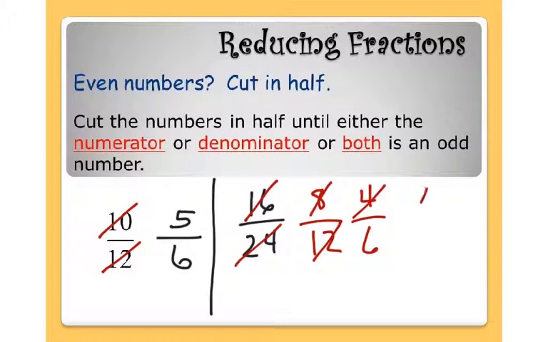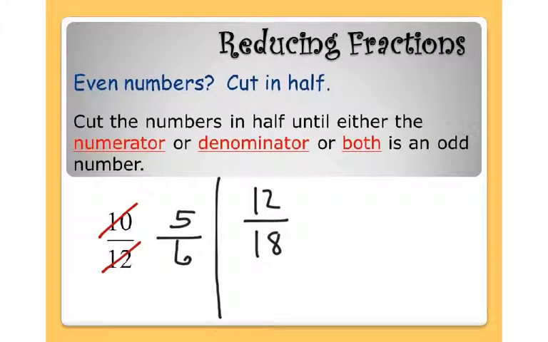Half of 4 is 2, half of 6 is 3. Now I need to stop right here because my denominator is odd. As soon as I reach an odd number, I need to stop cutting things in half. So the simplest fraction for 16/24 is 2/3.